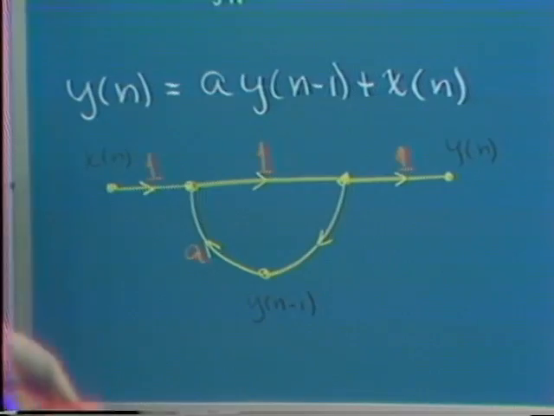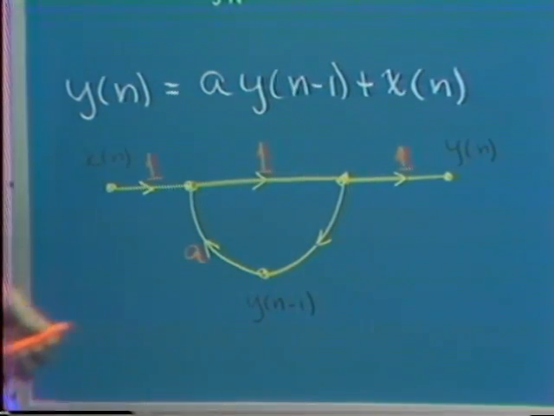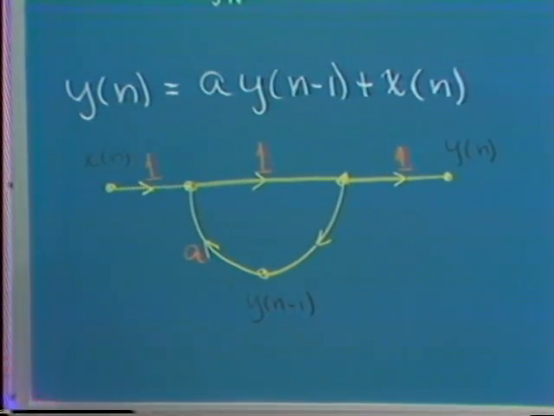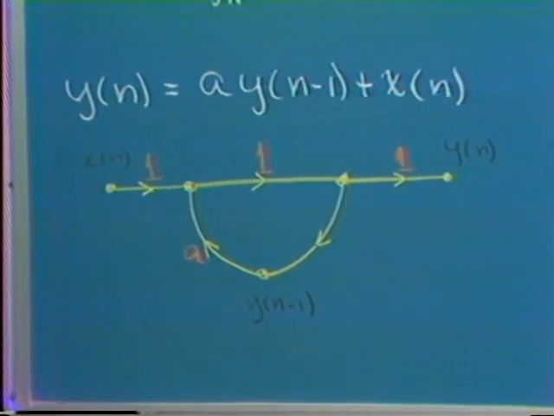of n also. How do I get from this node to this node if I'm talking about a linear signal flow graph? Well, y of n minus 1, of course, isn't a scalar multiplied by y of n, but the z transform of y of n minus 1 is actually a scalar or a function multiplied by the z transform of y of n.